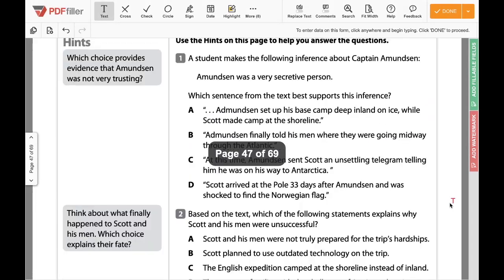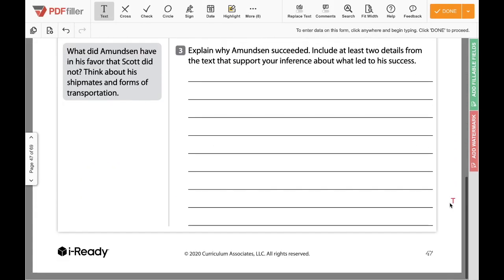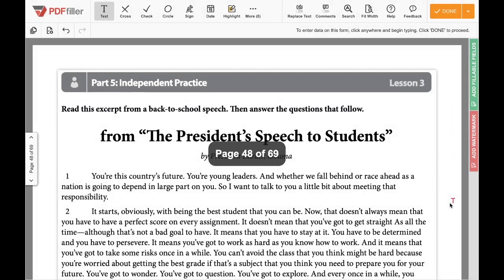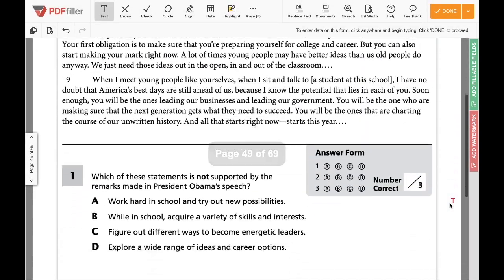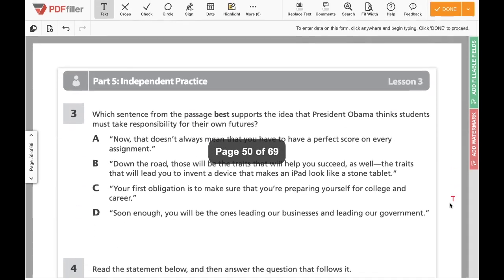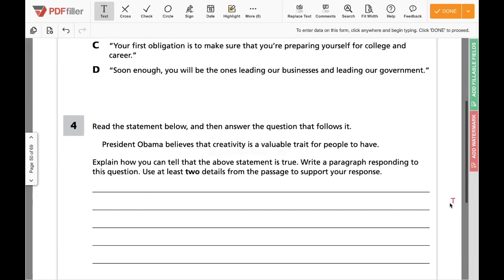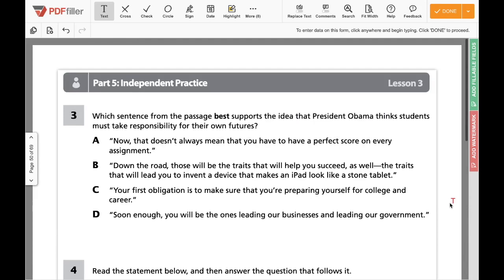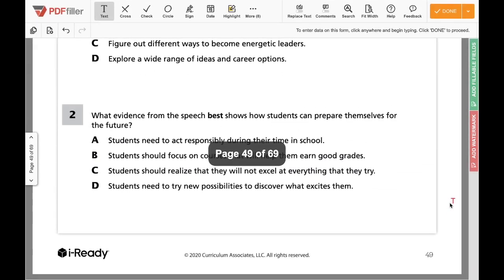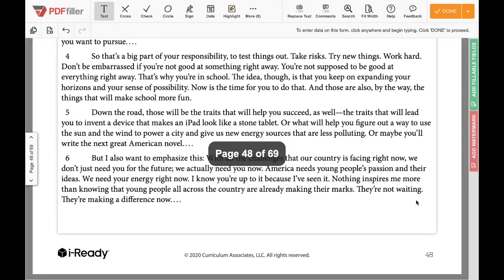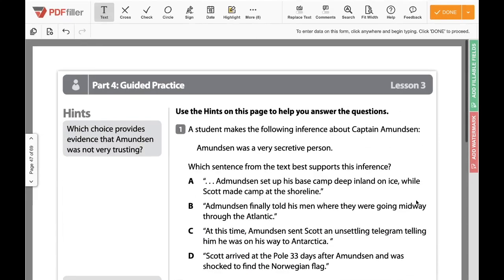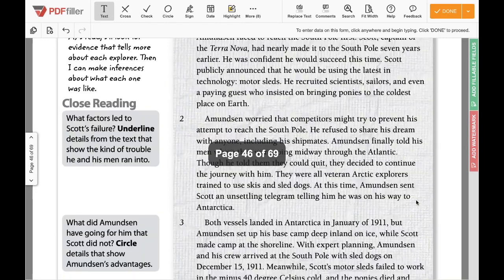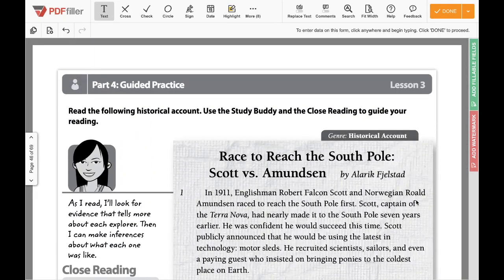So I want you guys to go ahead and read 46, then do 47, 48, and 49 and 50, on your own. Because I think you guys could use a little bit of practice on this. If you want to go ahead and get on Zoom tomorrow, we can do page 46 together if anyone wants to do that. Otherwise, I want you guys to be doing pages 46 through 50 in the packet on your own.